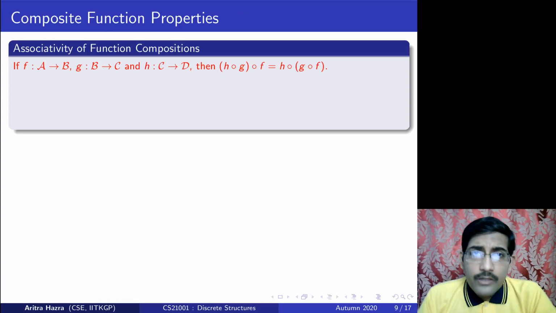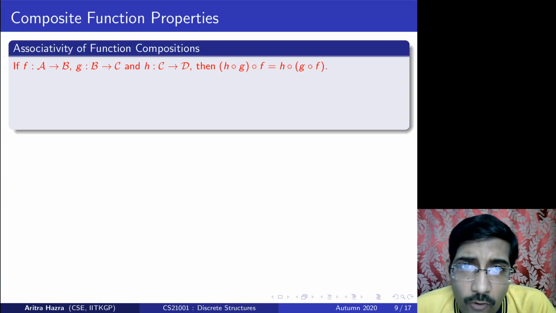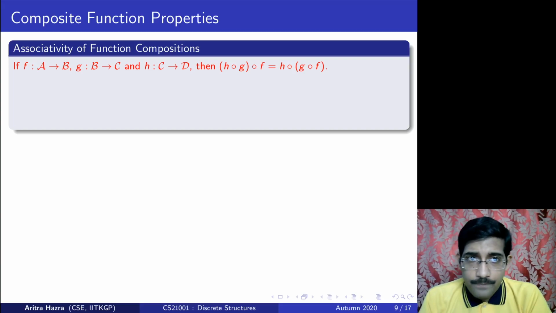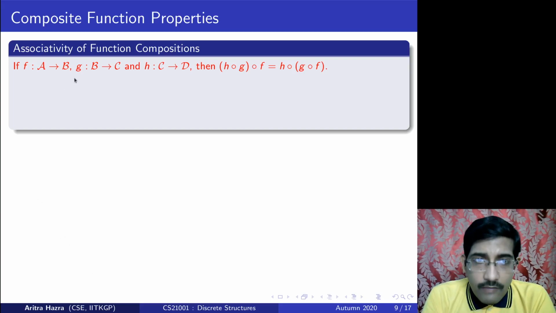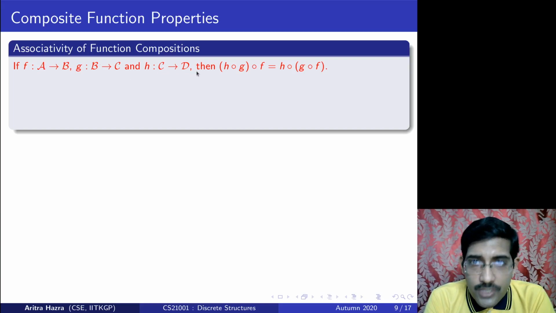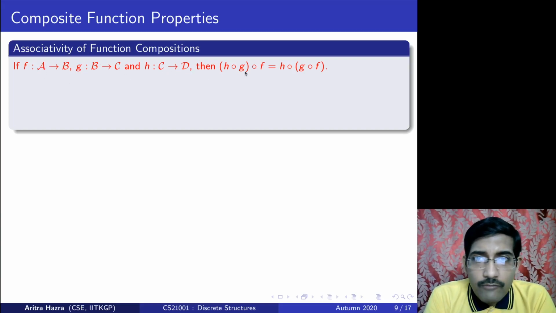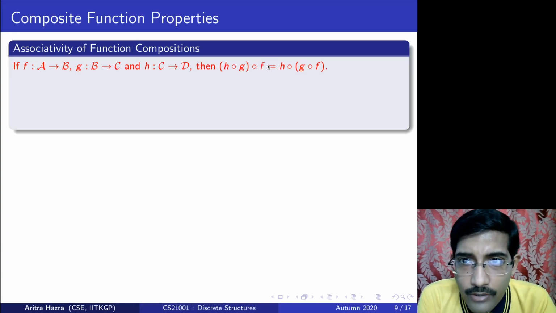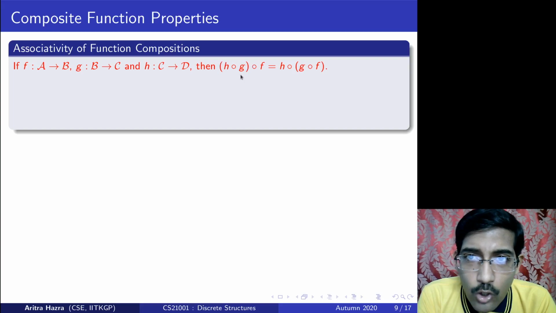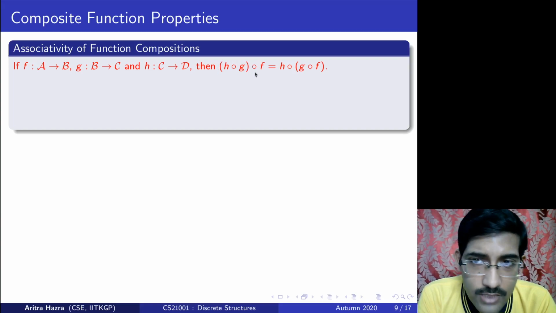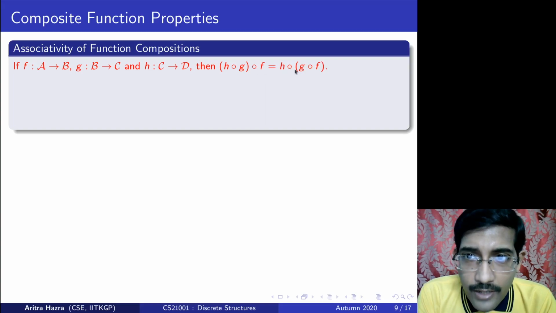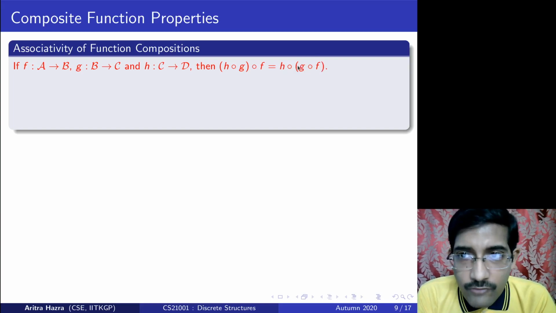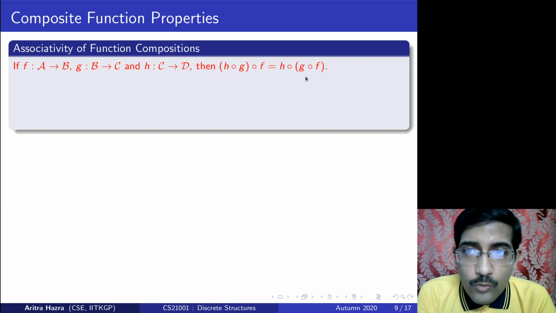However, the composite function does follow associativity. So if f, g, h are three functions from A to B, B to C and C to D, now if I first apply f and then give it to the composed function h o g, and in a different way, we first compose g o f on x and give it to h, both will result in the same.